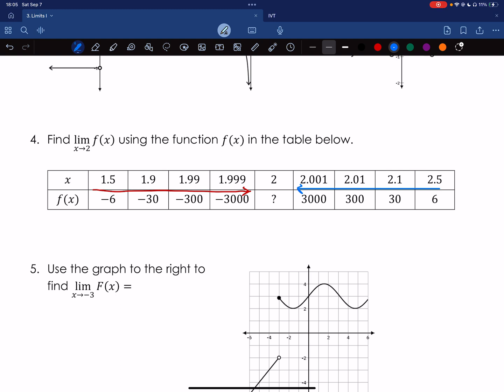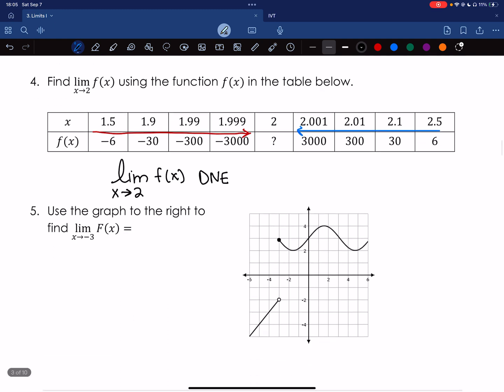And so overall, the limit does not exist because the left side and the right side are approaching two different values, or it's increasing or decreasing without bound. In the end, the limit as x approaches 2 of f of x does not exist.